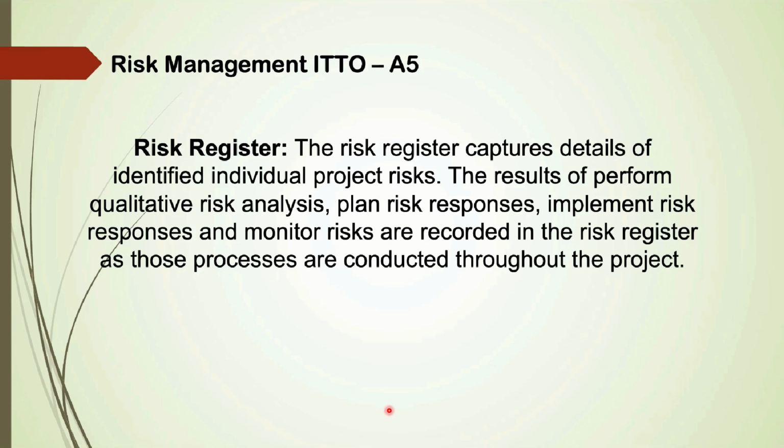The risk register captures details of identified individual project risks. The results of perform qualitative risk analysis, plan risk responses, implement risk responses, and monitor risks are recorded in the risk register as those processes are conducted throughout the project. I hope this is all starting to make sense for you guys, okay?